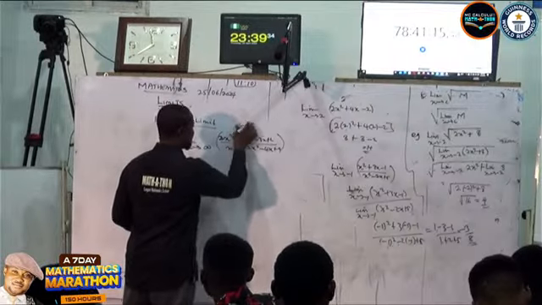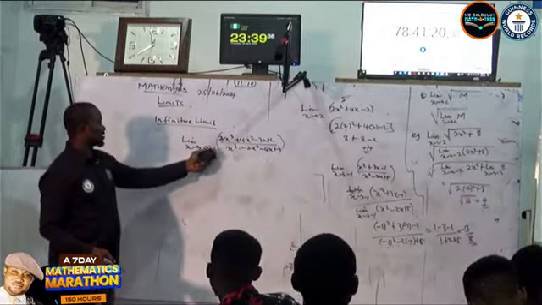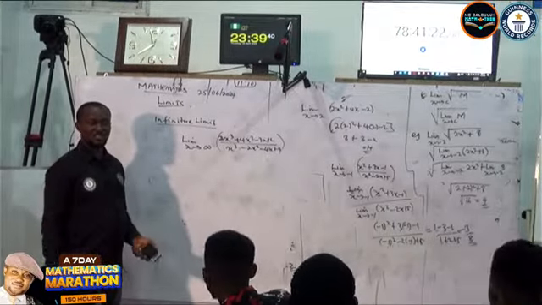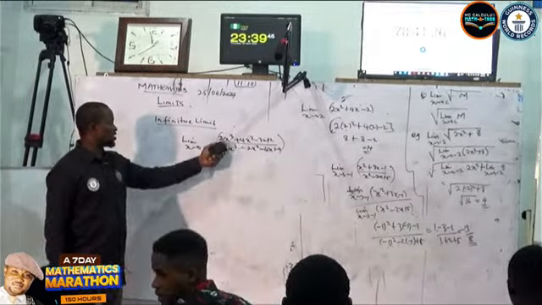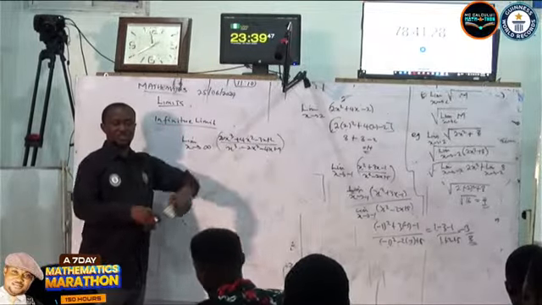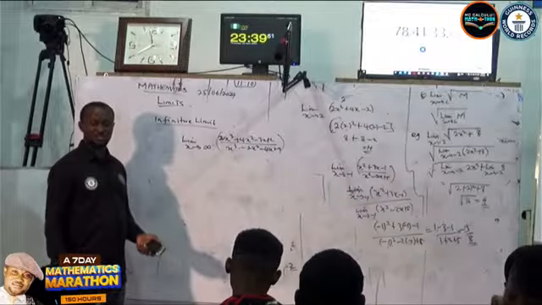You are asked to solve this infinite limit. Divide all of them by the highest power of x. What is the highest power of x here? Divide all of them by x cubed. End of the day, anything that doesn't have the highest power will be 0.